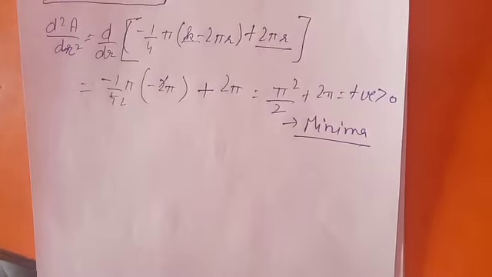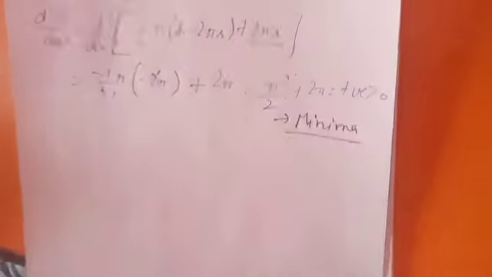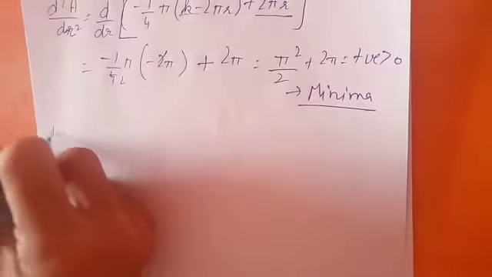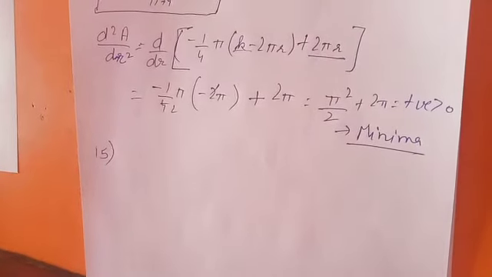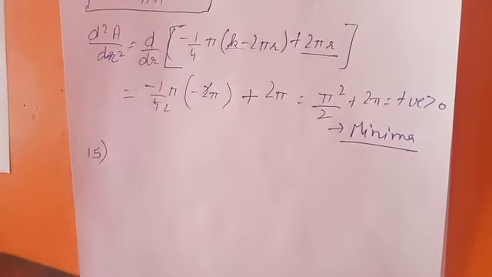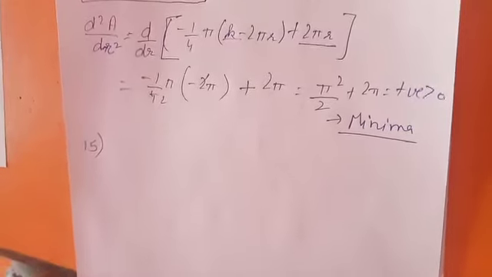Now our question number 15, a very easy question. Question number 15 is, a tank with open surface and a square base is to contain 500 cubic feet of water.